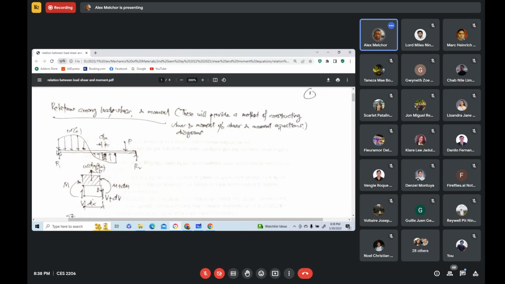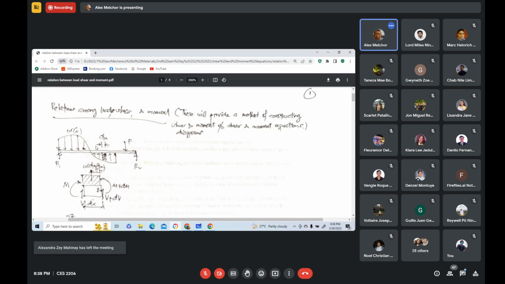Now, this beam is loaded with any combination of loading. In this case, we have this kind of loading. We have that load. So this intensity of the load is a function of x.